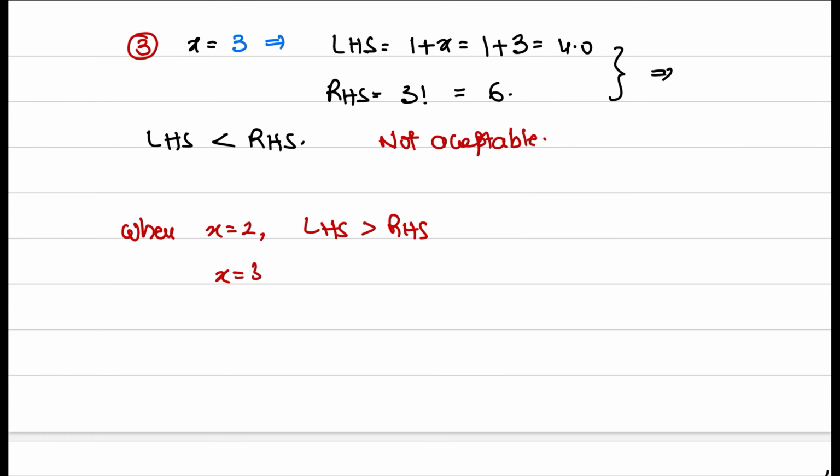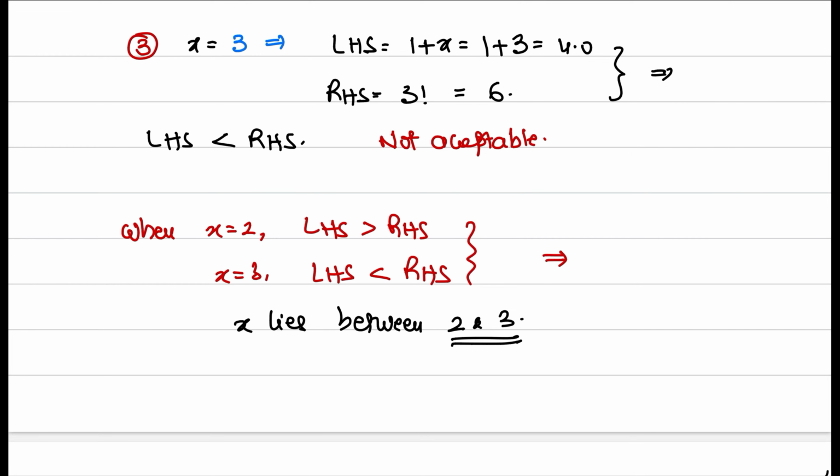When x is equal to 3, left hand side is less than right hand side. That means there is a sign change in the difference of left hand side and right hand side. When there is a sign change in the difference between left hand side and right hand side, then the x value, please try to understand, x lies between 2 and 3.